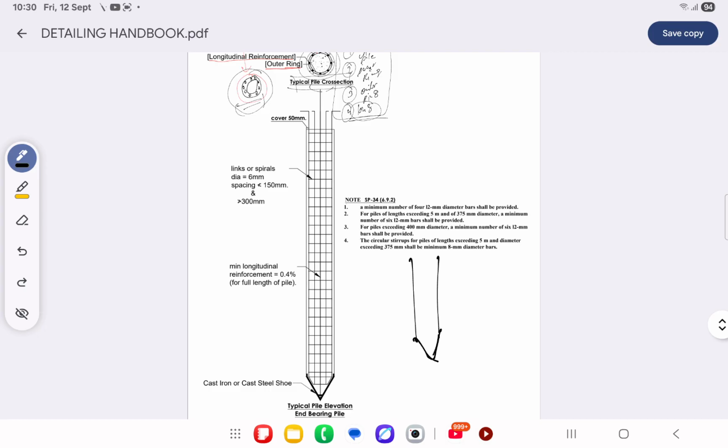We are responsible for the design, but the soil investigation and soil report are generally prepared by the geotechnical engineer, and afterwards they hand over to the structural engineer.